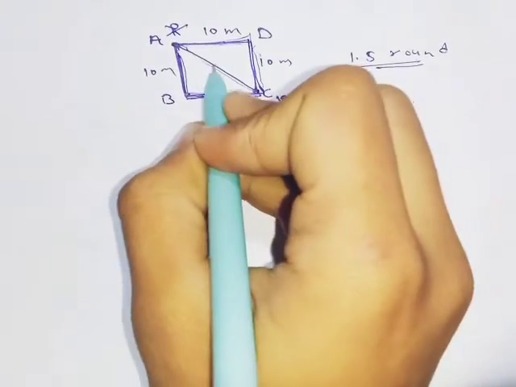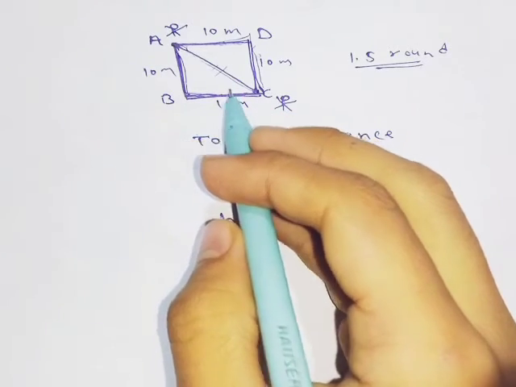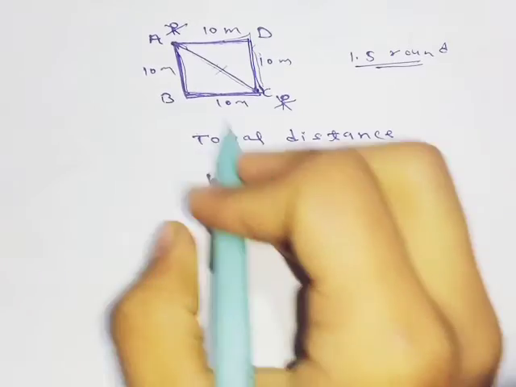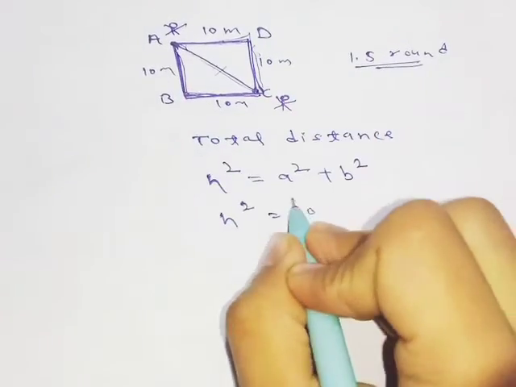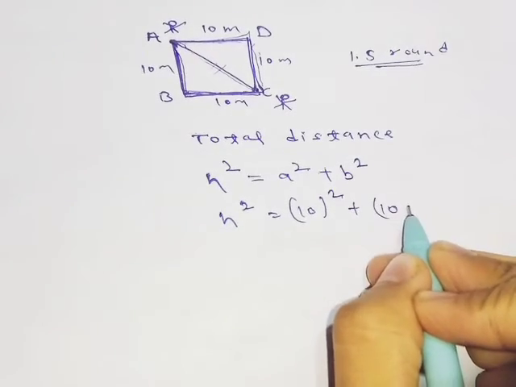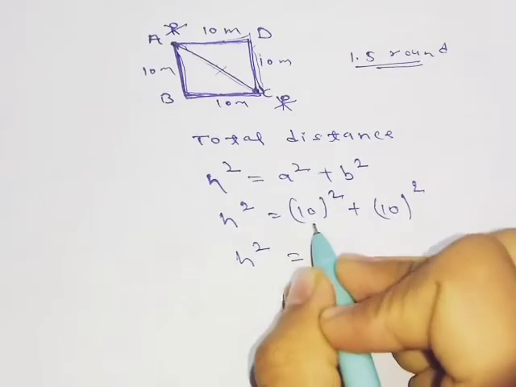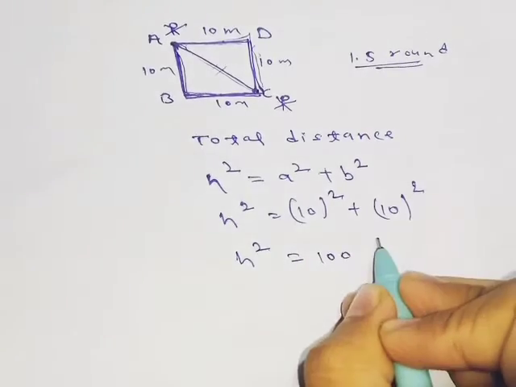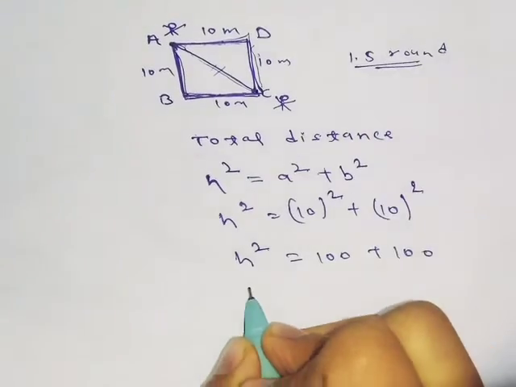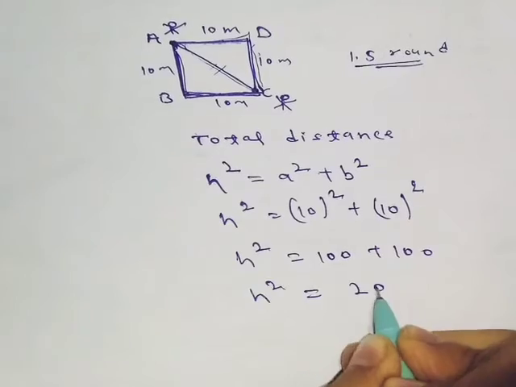We have to find the hypotenuse, which is not given. Altitude is 10 square, and base is also 10 square. Now hypotenuse square: 10 square is 100 plus 10 square is also 100. Hypotenuse square we got is 200.